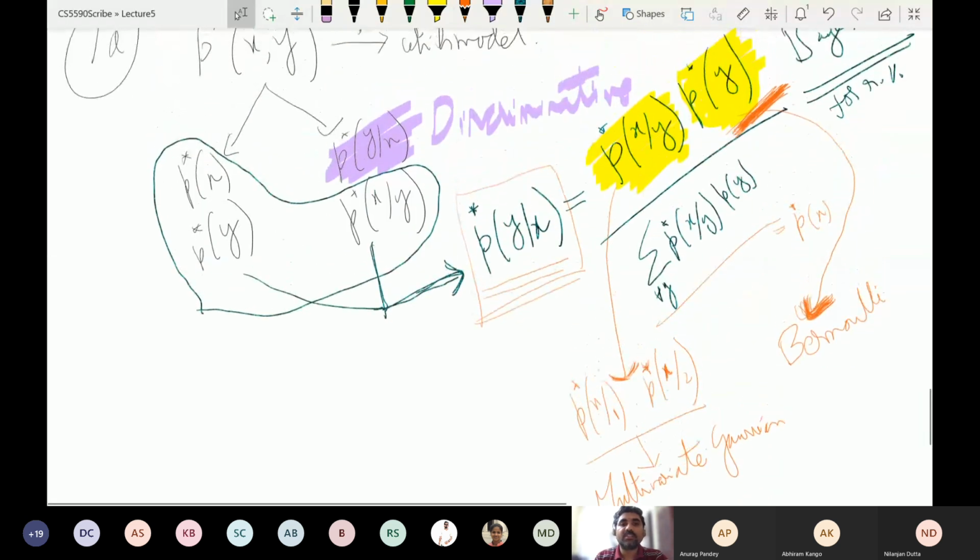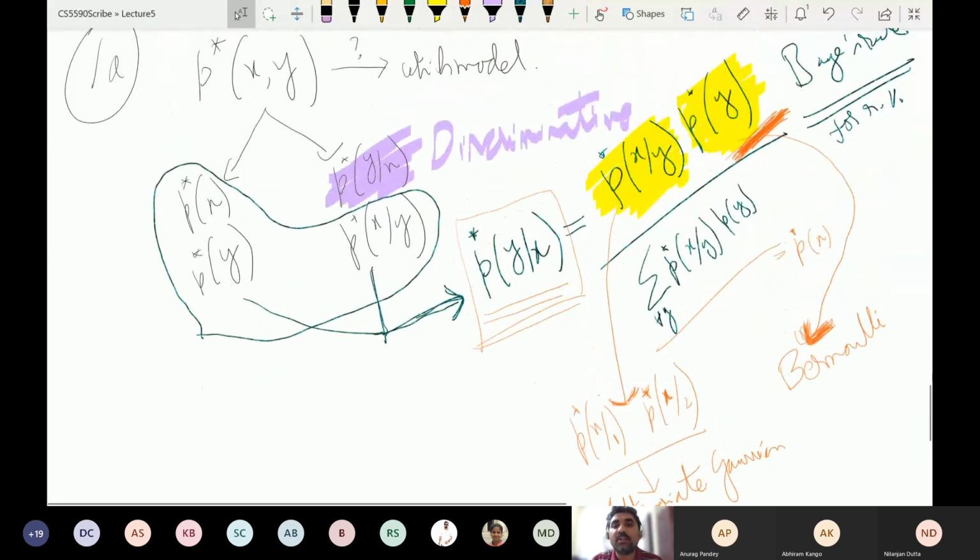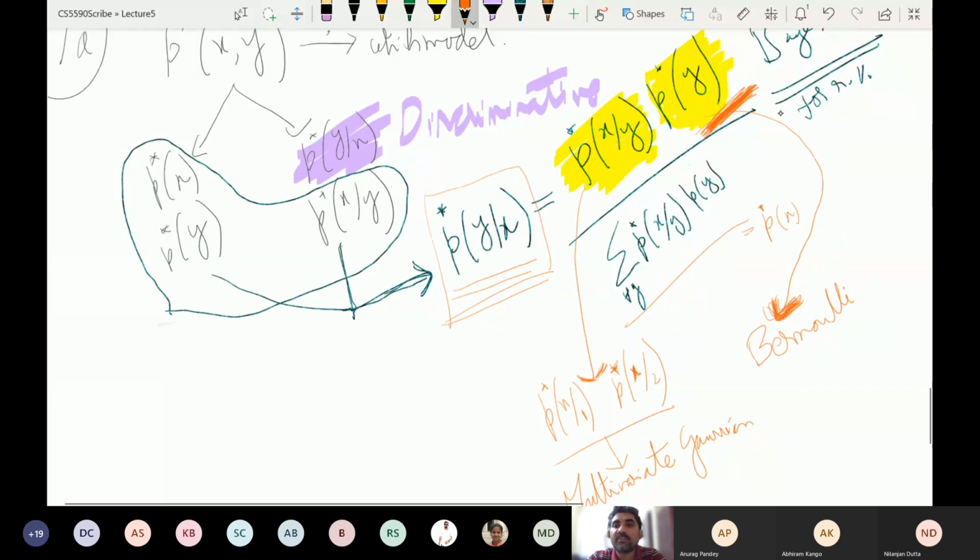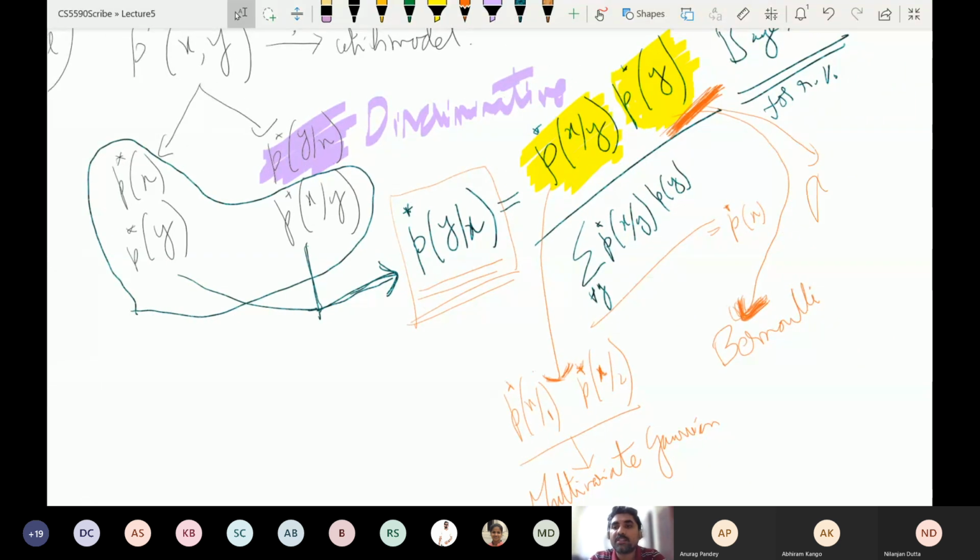So what are we considering? We are considering a joint model where the class conditionals are given by Gaussians and the marginal over y is modeled by a Bernoulli. People also give a name for P star y. It's called the prior distribution, the prior likelihood.